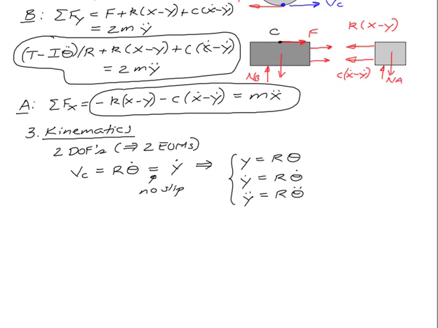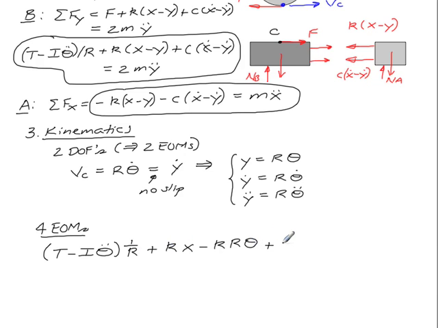So let's do that. We have T minus I theta double dot divided by r, plus kx minus ky, where y was r theta.